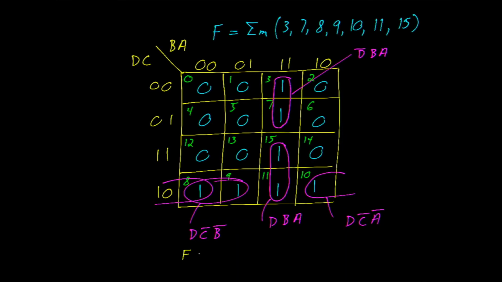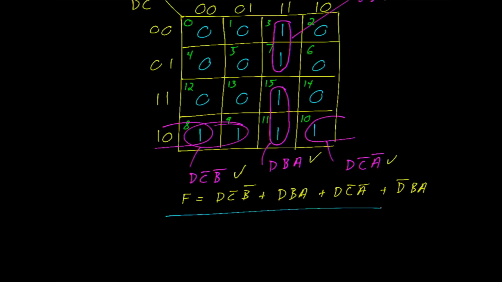Our new sum of products equation becomes D C naught B naught, which is that term, or D B A, or D C naught A naught, or D naught B A. This is good, and it's certainly a move in the right direction, because now our circuit consists of 4 3-input AND gates and a single 4-input OR.